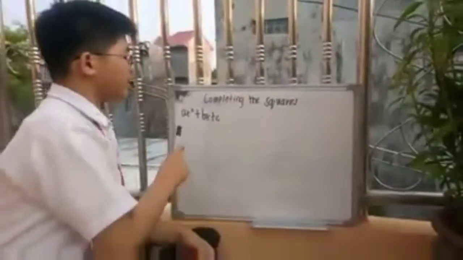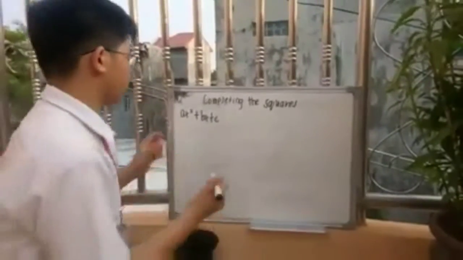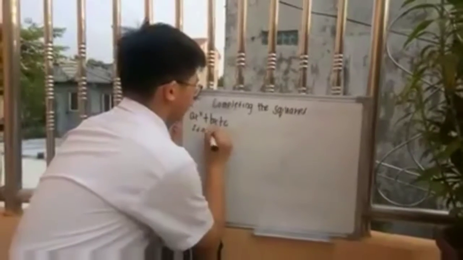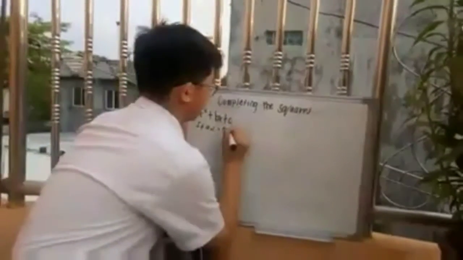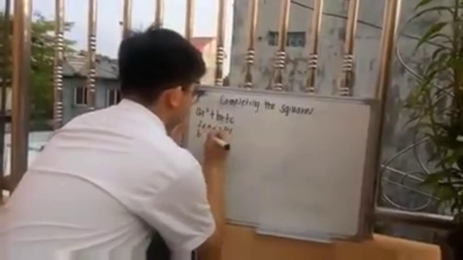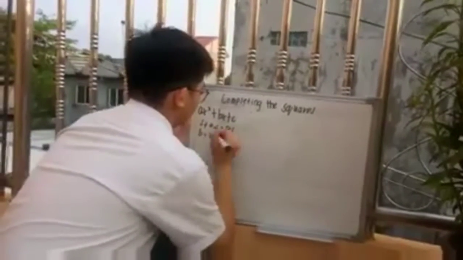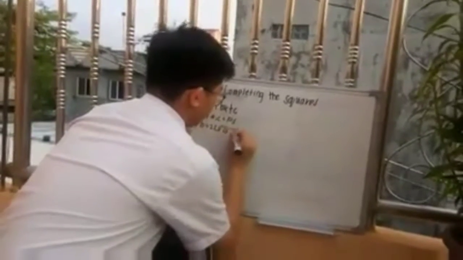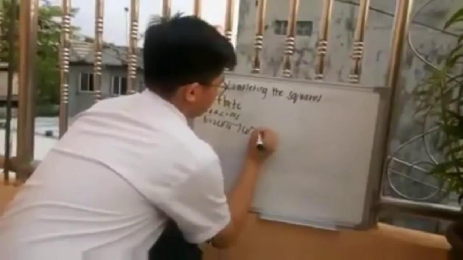The expression ax squared plus bx plus c is a perfect square trinomial if a and c are perfect squares and b is equal to twice the product of the square roots of a and c.